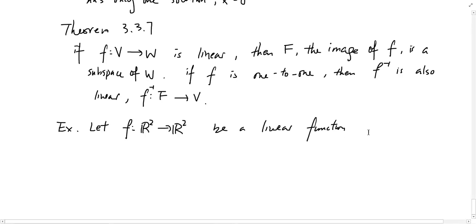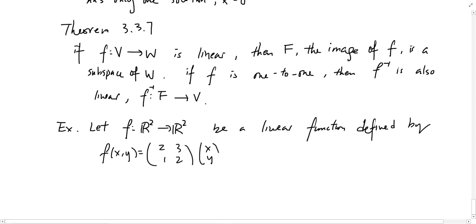All right. So let's say we have a function f that maps from R2 to R2. Let's say it is a linear function, and we'll define this linear function using a matrix: f of (x, y) is equal to the matrix [2, 3; 1, 2] times (x, y).